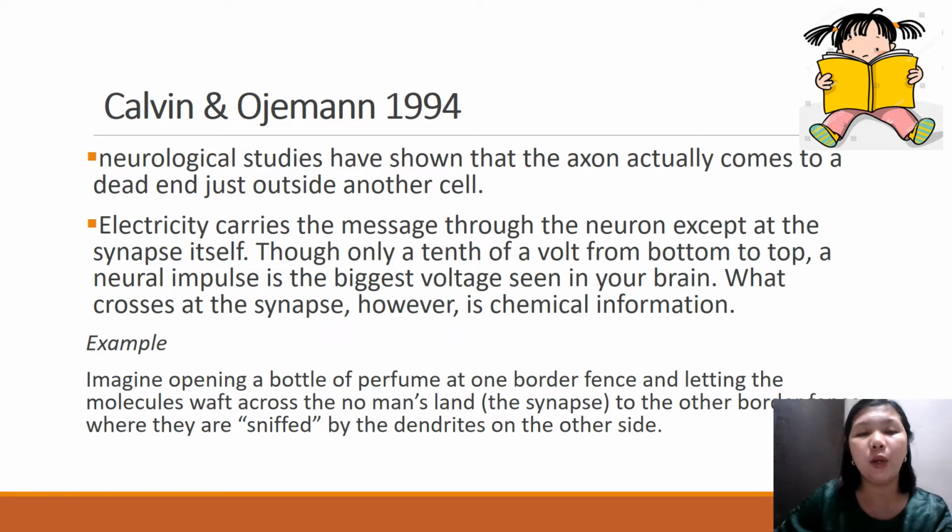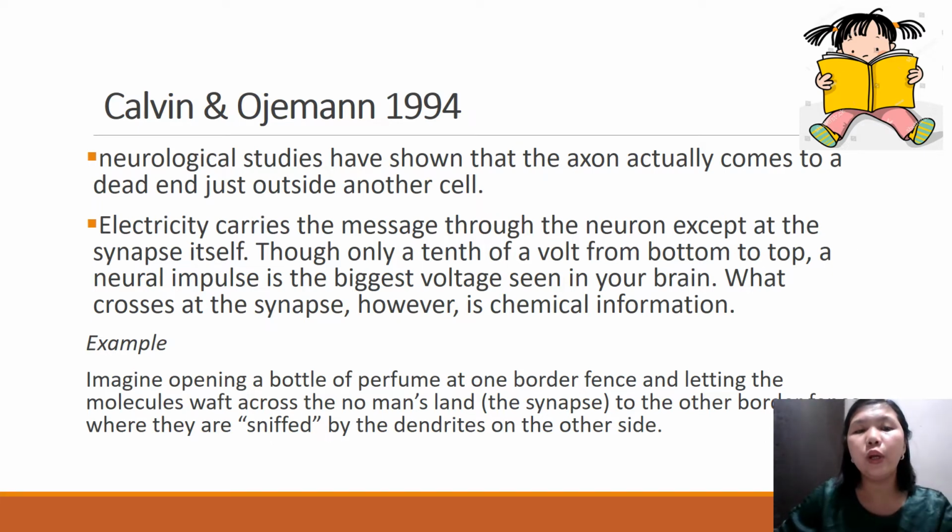For example, imagine opening a bottle of perfume at one border fence and letting the molecules waft across the no man's land, the synapse, to the other border fence where they are sniffed by the dendrites on the other side, according to Calvin and Ojemann 1994.